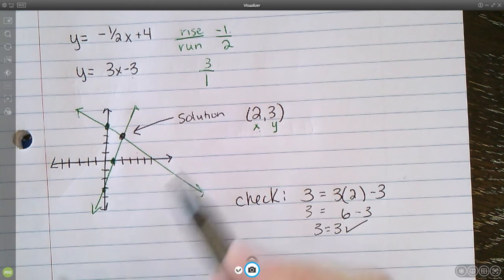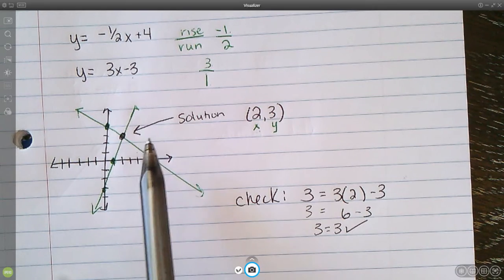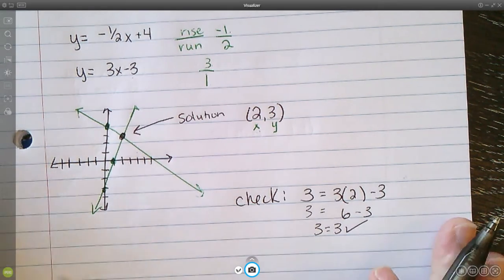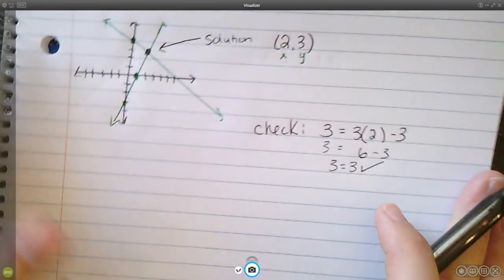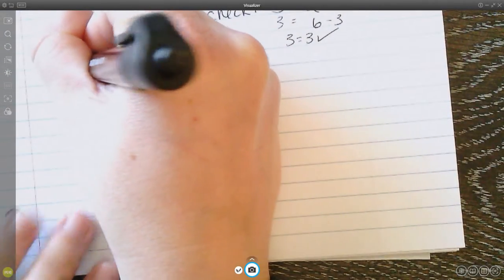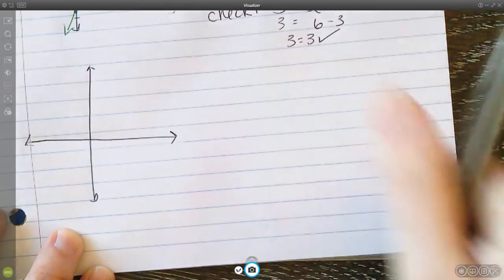Okay, so your steps for finding the solution: you graph both lines and you find where they intersect. Now let's say you have a graph that looks like this.